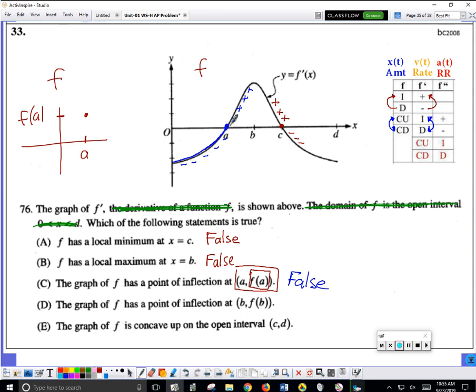Now f prime is switching to, kind of in this vicinity, concave down. If f prime is switching from concave up to concave down, that absolutely means that f double prime will switch from increase to decrease. So show me your hand if you honestly had your hand raised, knew that before Seth said it.